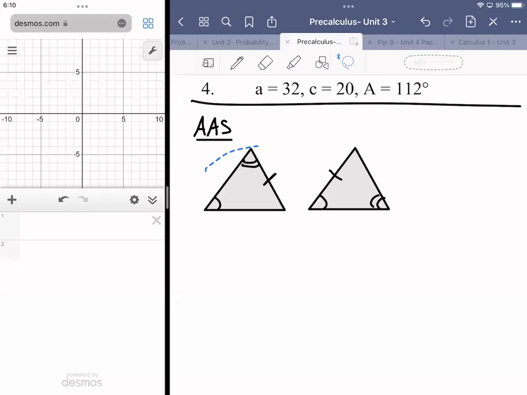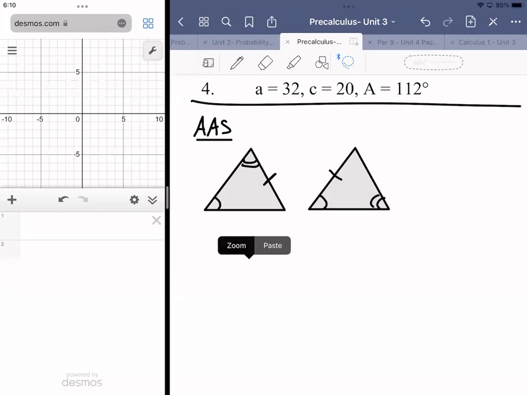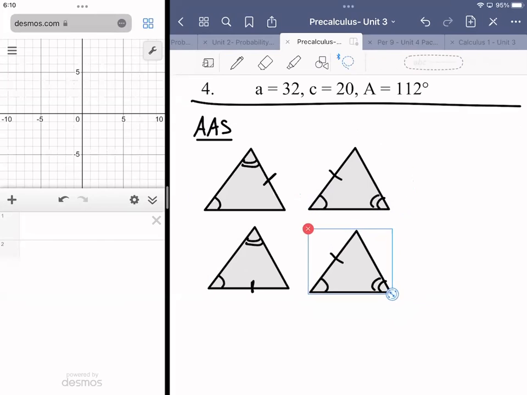Another possibility would be if I took pretty much the same setup here, but instead of this side being the known side, maybe I know this side. Same idea for this one. Maybe I know, instead of this side, maybe I know this side. All right, so it tends to be a lot because you have to consider every possible variation.